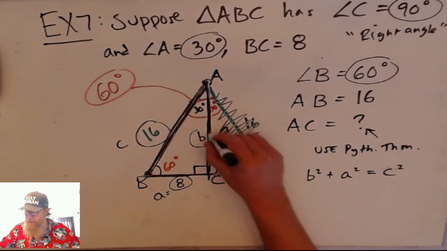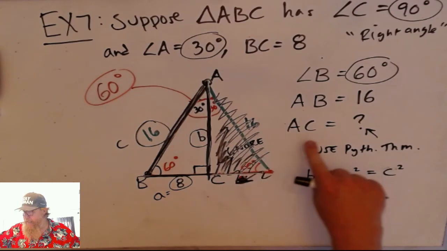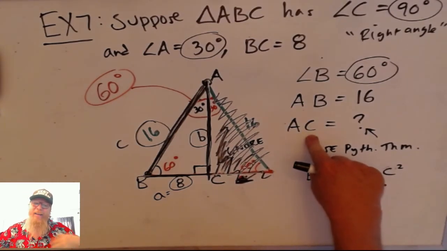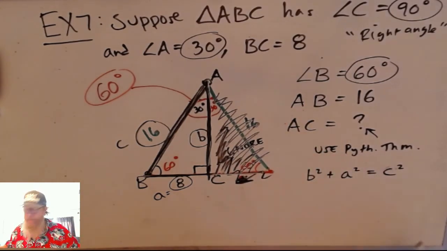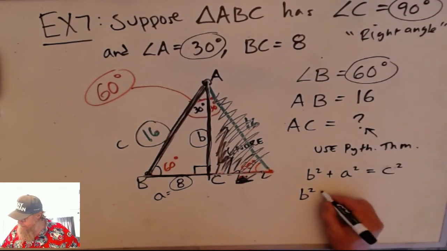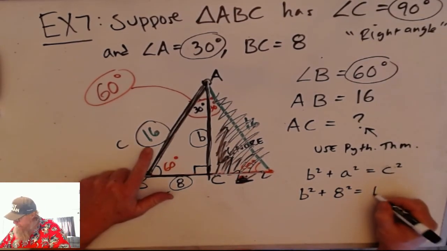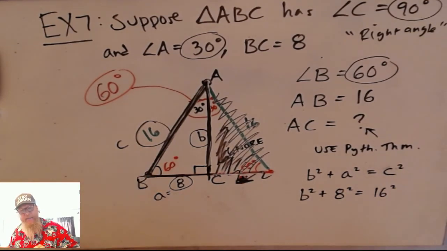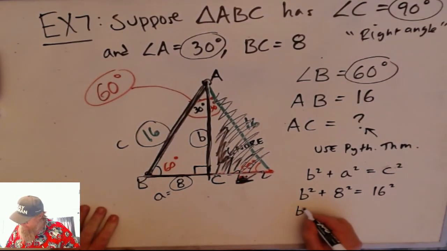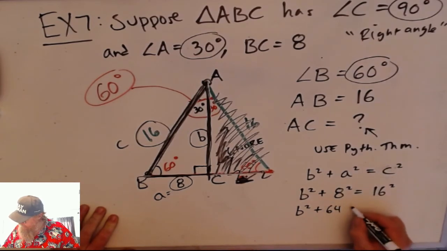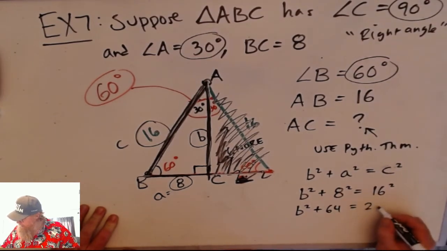So my question is, what is B? B is AC. Trying to follow the classical notation there. So B is my unknown. A is 8. C is 16. So 64. I think that's 256.